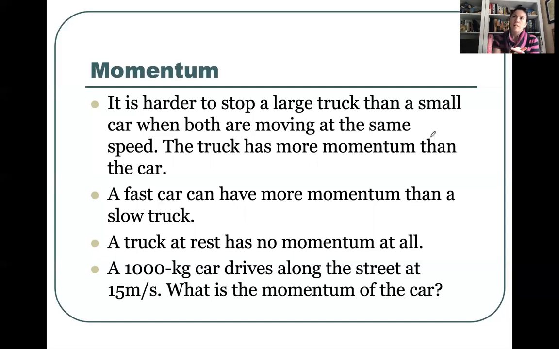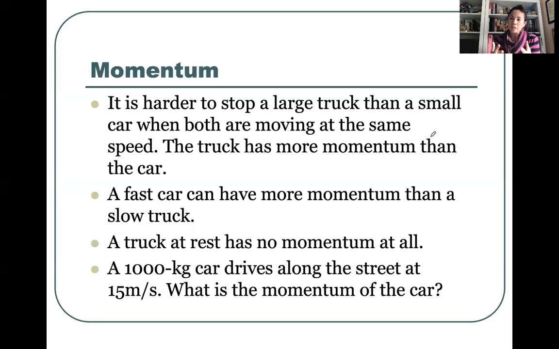Usually I like to look at, for example, an elephant and a fly. We could have them collide, but for now you can also just think about if you have an elephant charging at you versus a fly moving at the same speed. You know which one is going to be harder to stop, right? So same thing if you're comparing a large truck and a small car.